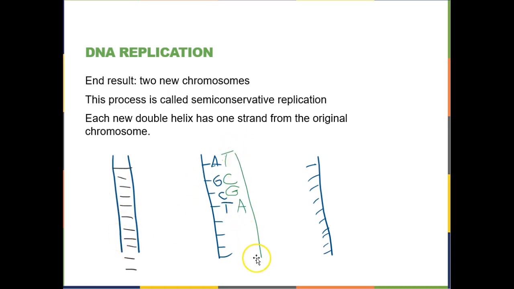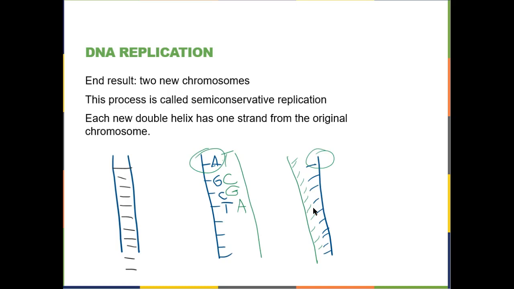We added a new phosphate sugar backbone with the complementary bases in green here, and then we'll end up doing the same here. And yeah, I drew it in the same direction, but it should be the opposite direction. So then what you end up with is 2 new chromosomes, each of which contain 1/2 of the original molecule.